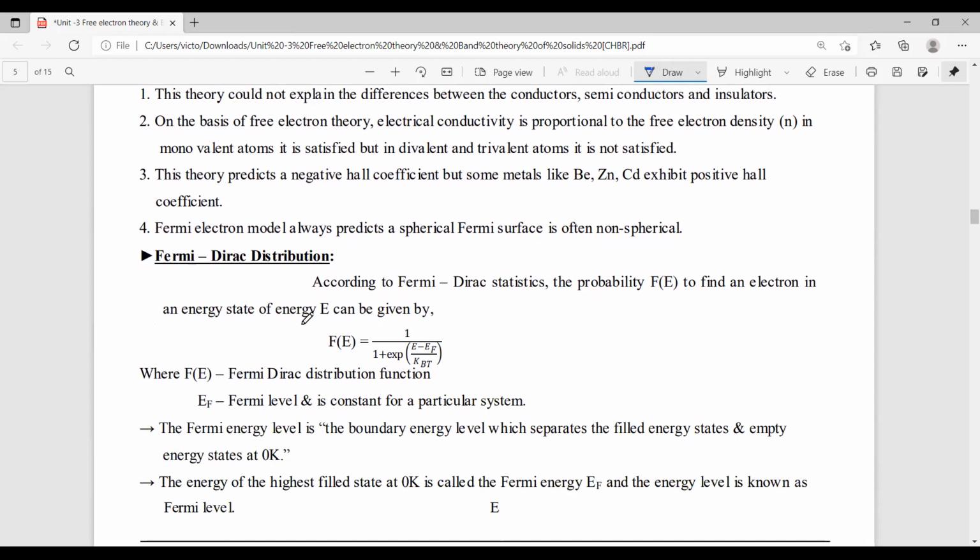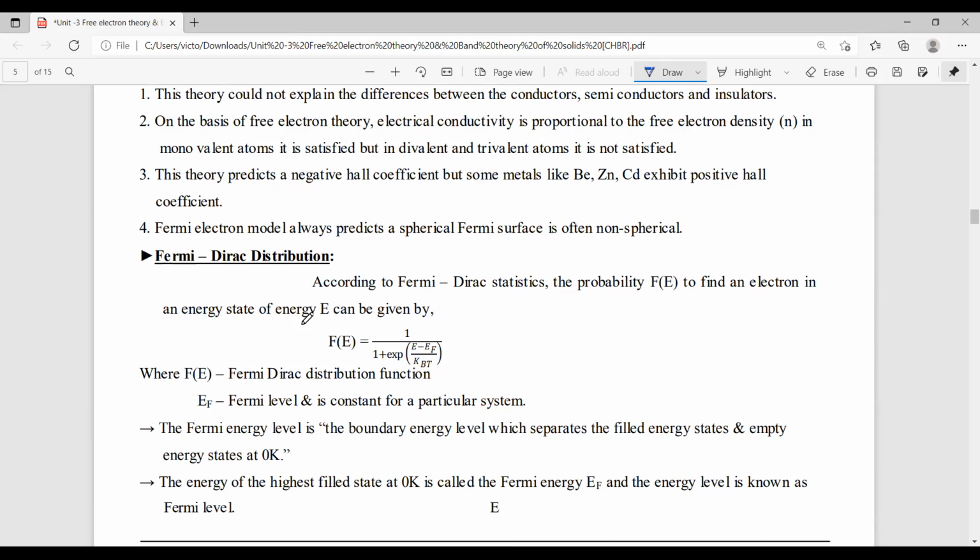Okay. Then what is the Fermi-Dirac distribution function? Actually, we have three types of distributions: Maxwell-Boltzmann, Fermi-Dirac, like that. But out of these distributions, in our syllabus we have only the Fermi-Dirac distribution function.